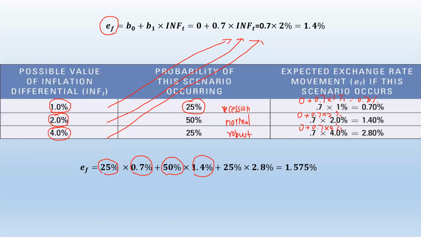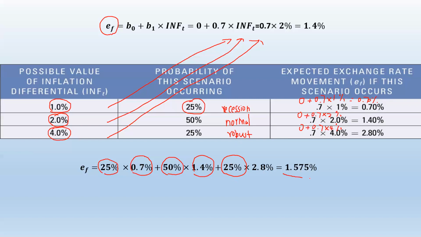And in the last scenario, which is when the economy is robust, the probability that this scenario happens is 25%, and if the economy is robust, then the expected exchange rate movement under this scenario is 2.8%.